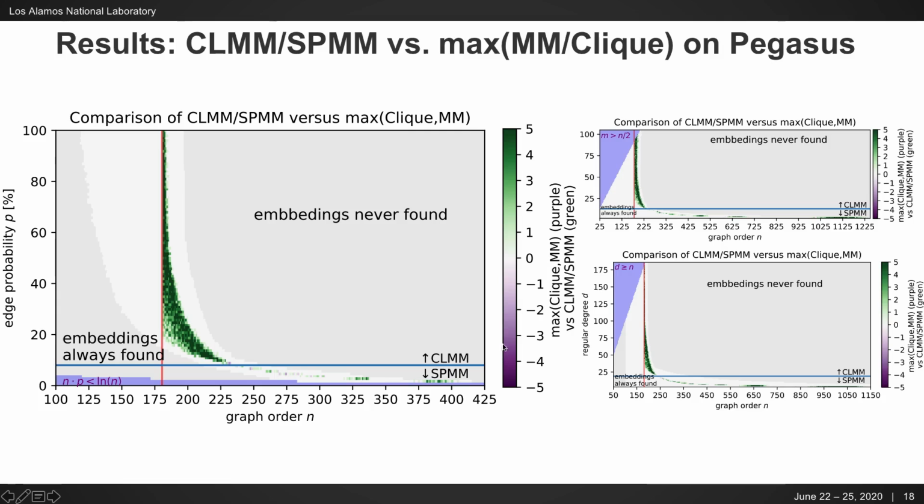So this color gives you the difference between our approach and the previous approach. Only at these very few purple data points can we see that we're slightly worse than existing algorithms.